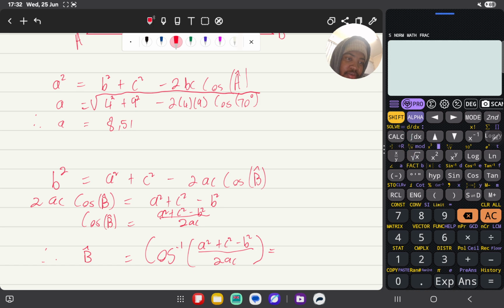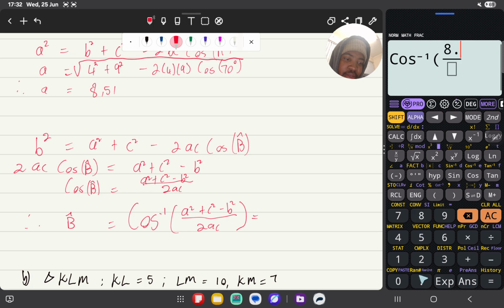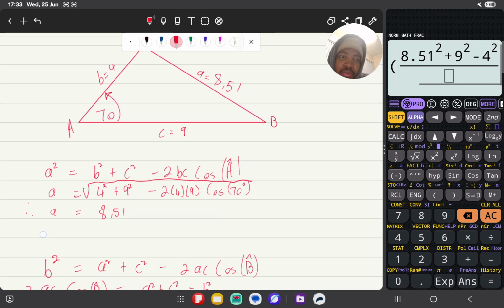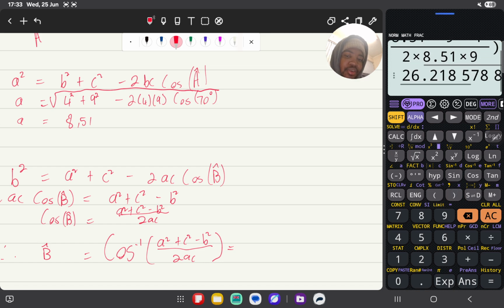So we go shift cos, and then we have A squared, which is 8.51 squared, plus C squared, which is 9 squared, minus B squared, which is minus 4 squared. Yes, it is minus 4 squared because B equals 4 and it's minus B. Then you have 2 multiplied by A, which is 8.51, multiplied by C, which is 9. Close bracket, just for the sake of perfection.